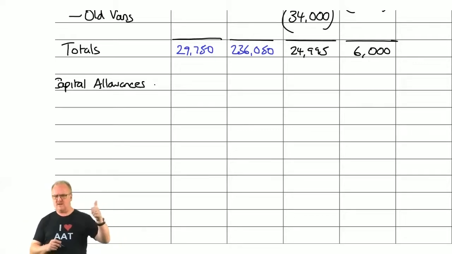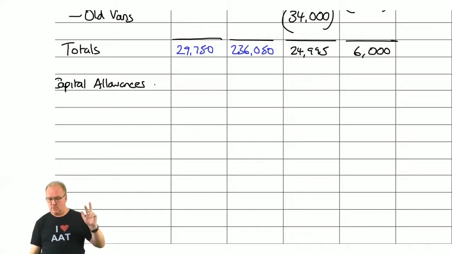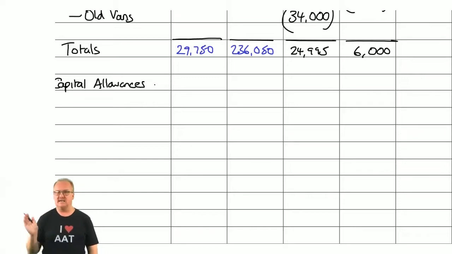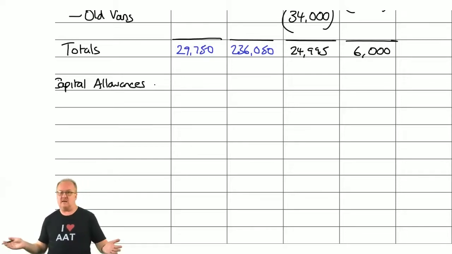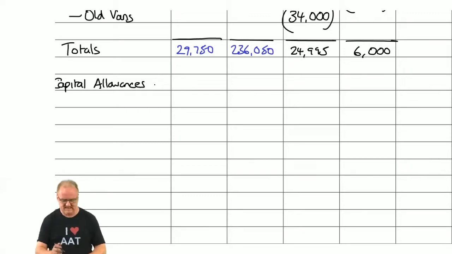We've got a brand new car to deal with, which has some private personal use. We have got the new vans, but they are subject to AIA. We've got the general pool, and we've got his old car, which has been sold, which means that 6,000 is going to have to disappear because that car doesn't exist anymore. Let's take it one step at a time.